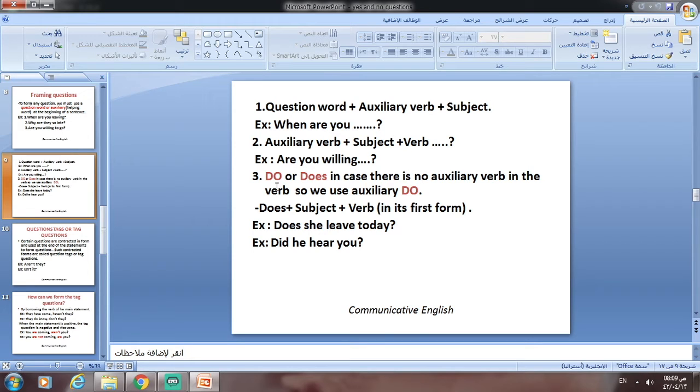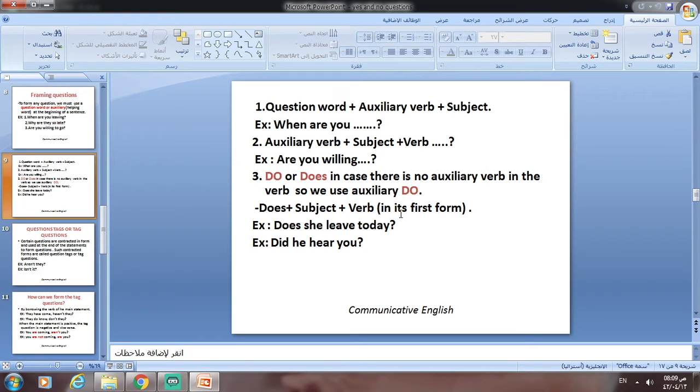Also, we have do or does. In case there is no auxiliary verb in the sentence, we use auxiliary do. Like, we put does, then the subject, then the verb in its first form.